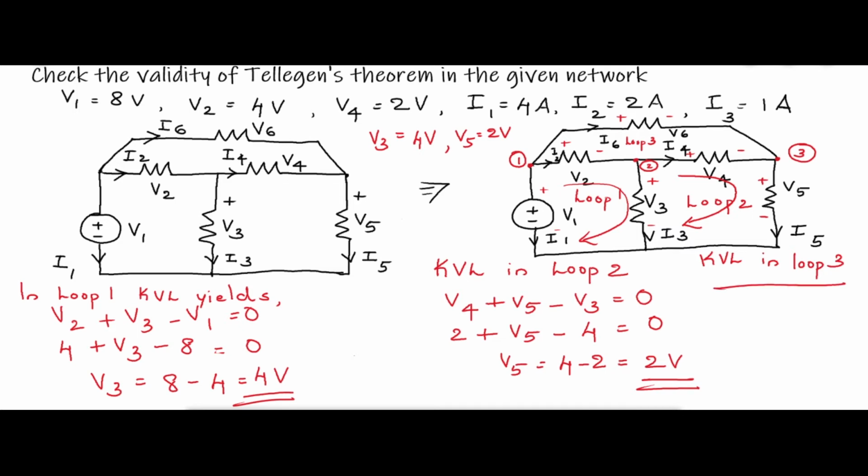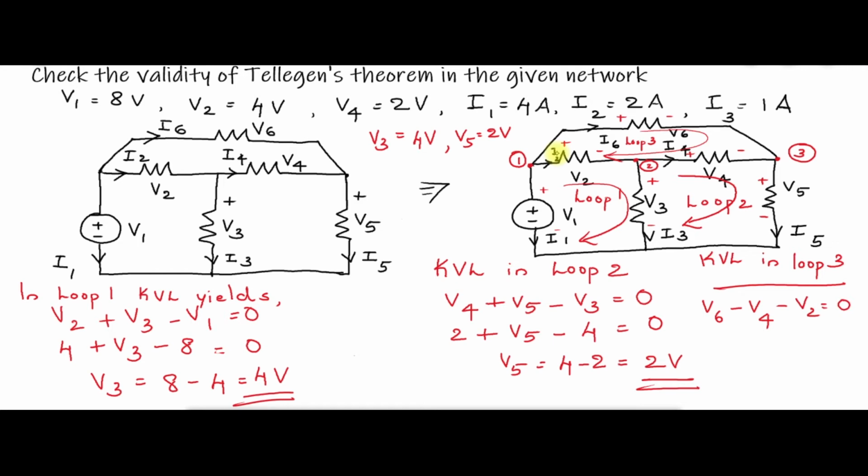Then where is your loop 3? Here is your loop 3. So I can assign a direction in this manner, loop 3. So I can take V6 minus V4, since it is touching V4 as negative, and V2 also as negative, so minus V2 is equal to 0.